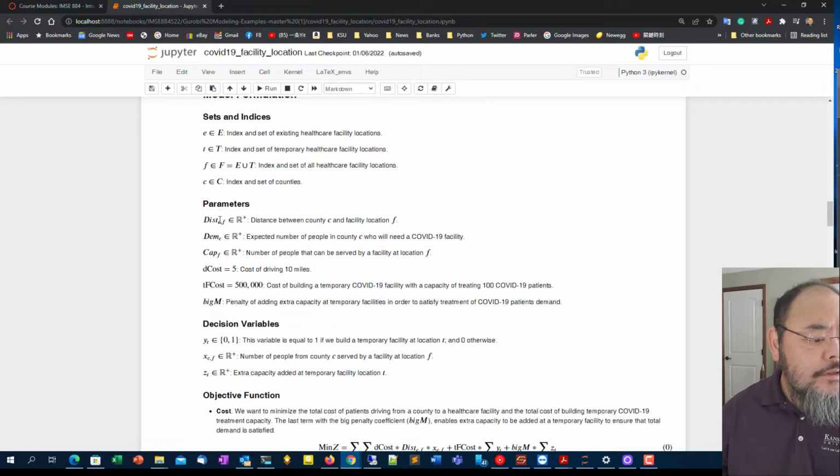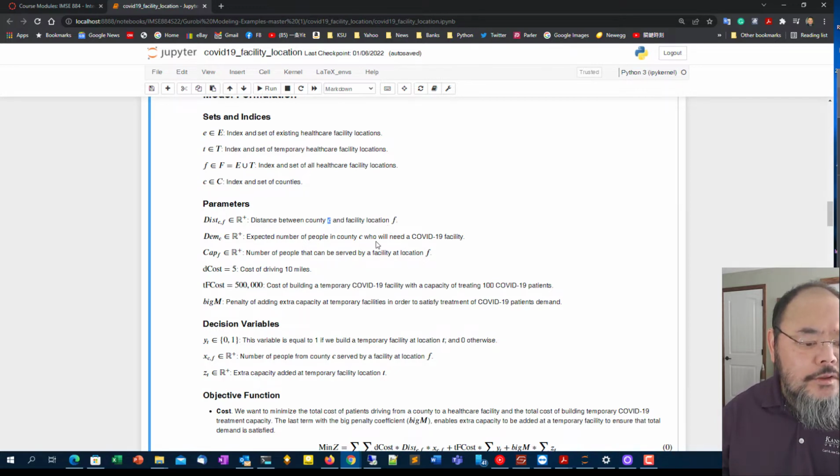Several parameters we need: the first is the distance from the county to the facility, so from county C to facility F. The demand for each one of the counties C, which we need to satisfy.